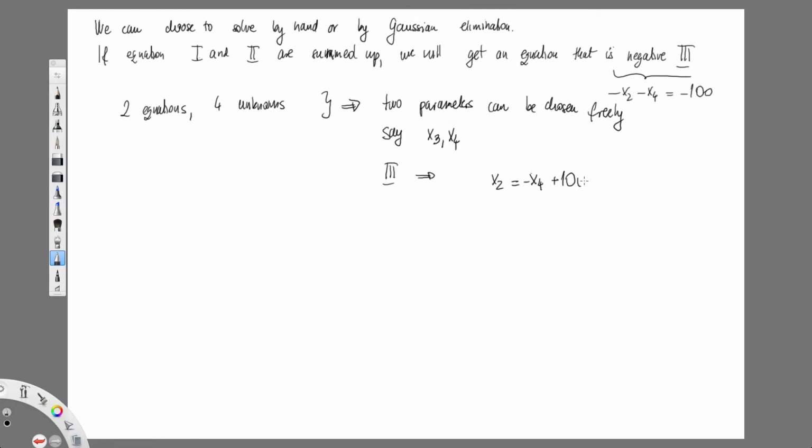x4 plus 100, right? I'm actually not looking at the equation from the previous page. And what is x1 based on either equation 1 or 2? Can somebody tell me so I don't open? Oh, wait, what? So x3 is a free parameter. x1 is x3 plus x4 from number 2.